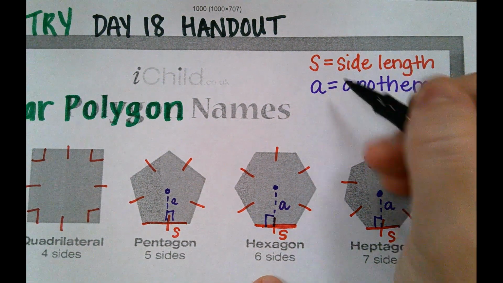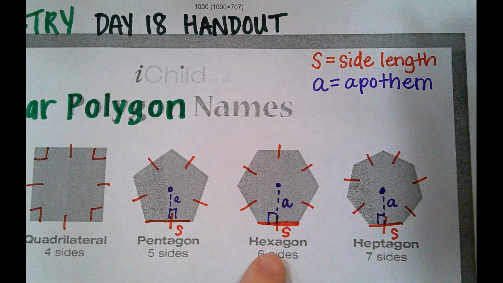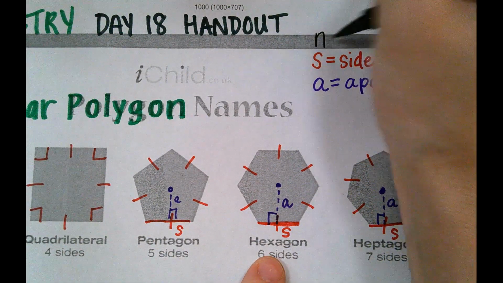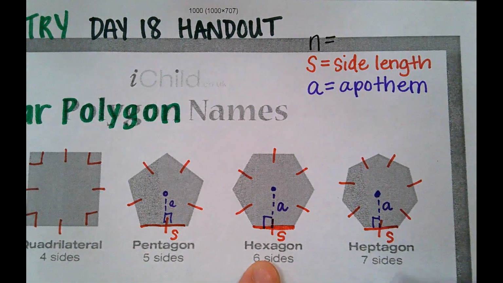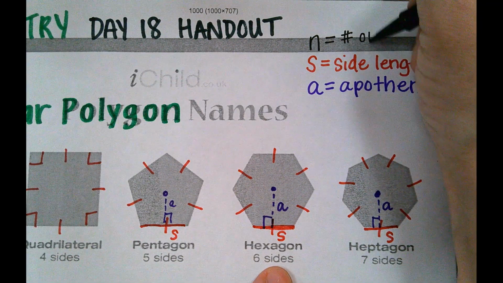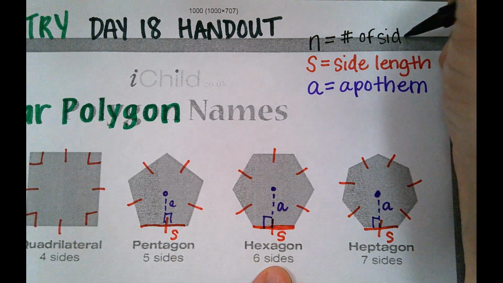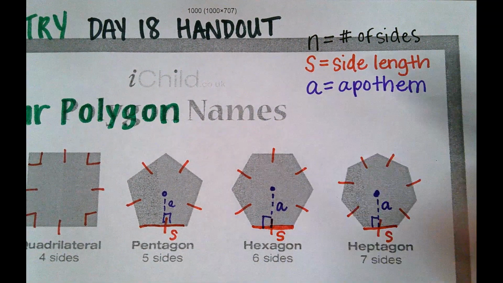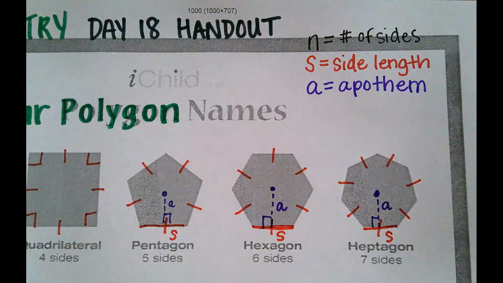So we are going to use the letter N for number, to show that. So I'm writing, N equals number of sides. So we have N, S, and A.